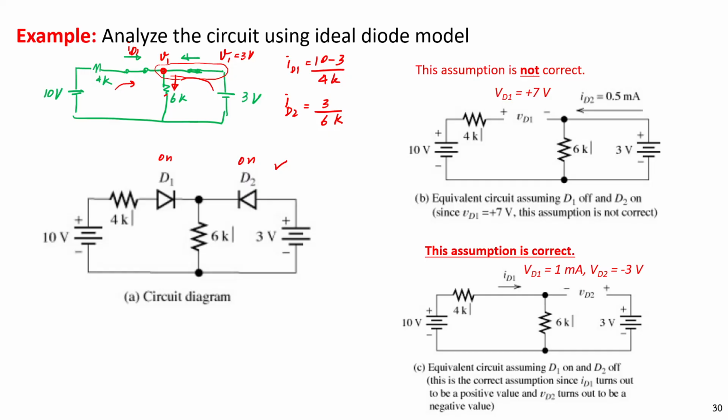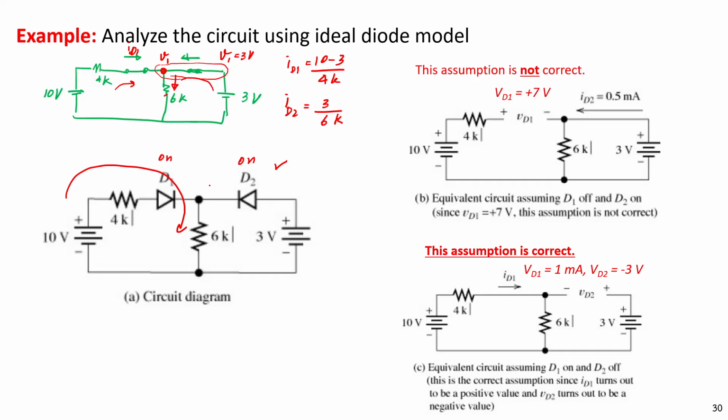So if D2 is off, maybe the same solution. If we assume D2 is off, I think no current flows through D2, because the current would flow only in this direction, right?